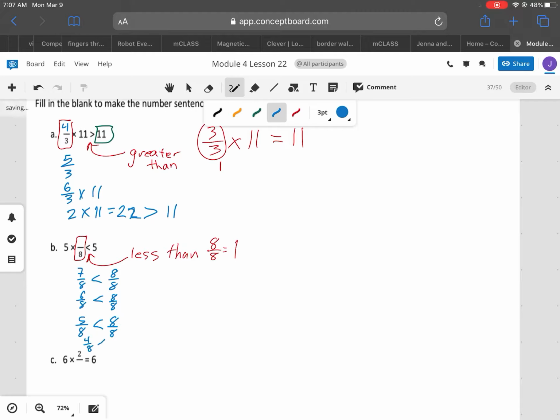Okay, so here's my favorite. 4/8 is less than 8/8. Now, if we did 5 times 4/8, it's going to be less than 5, because I know that half of 5 is 2.5, which is less than 5.